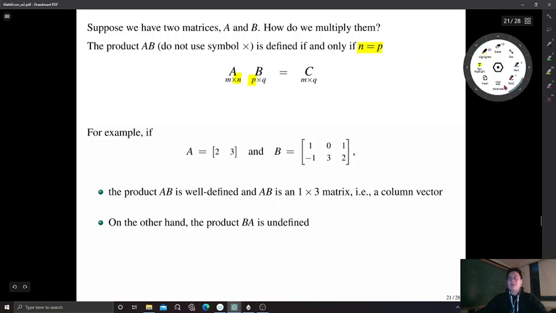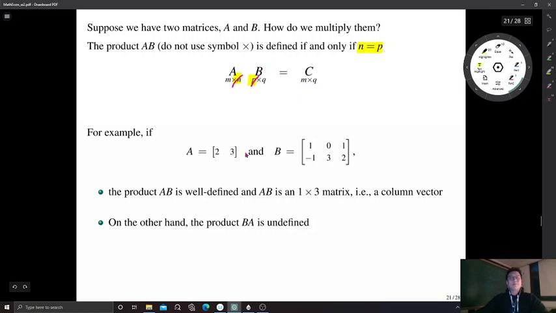In such a case, these two common numbers, n and p, cancel off, and if we call the product AB as C, then the dimension of this matrix C is going to be m by q. So the number of rows of the product is determined by matrix A. The matrix A's number of rows is m, the same as the number of rows of matrix C. And the number of columns, q, is determined by the matrix B.